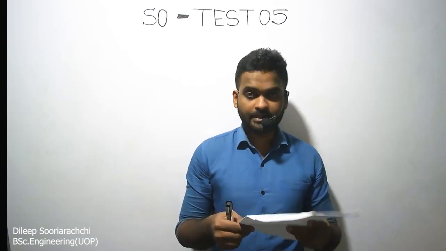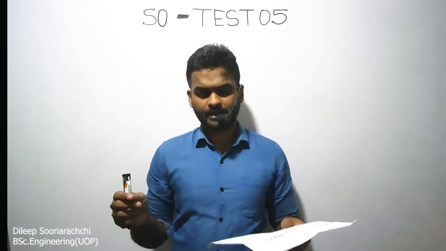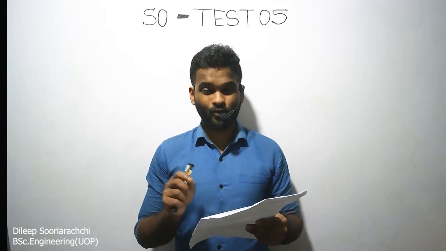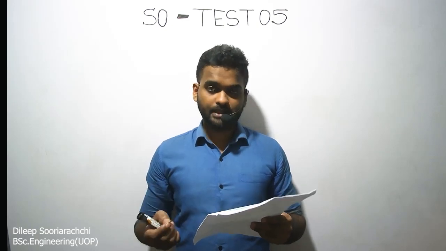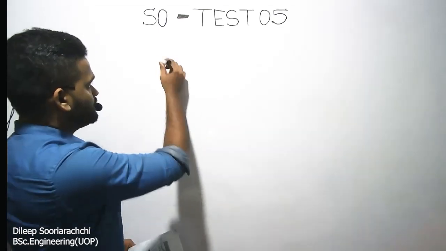Okay. Third question. When two objects A and B move towards each other, they get close 5 meters in every second. When they move in the same direction, they get close 1 meter every second. Velocities of A and B are, right? So let's say velocities of A and B are v1 and v2.